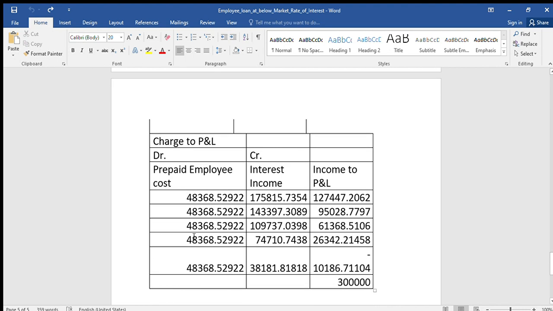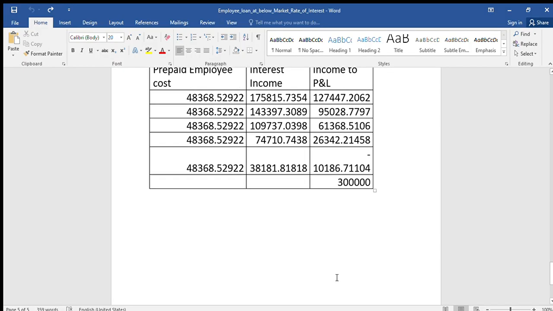And the credit of interest income at 10% would be 175,815, 143,397, 109,737, 74,710, 38,181. This would be the interest income for each of the 5 years. The difference between the two totals would be 3 lakhs, which is the difference between the 20 lakh loan amount and 23 lakhs repaid.